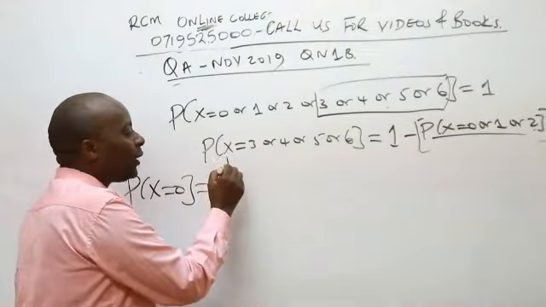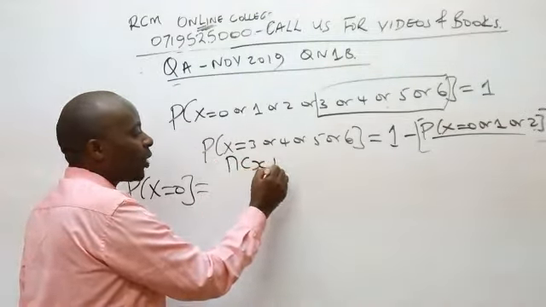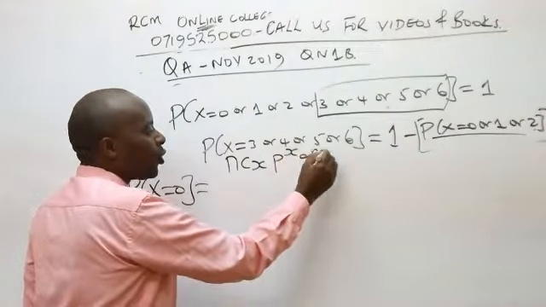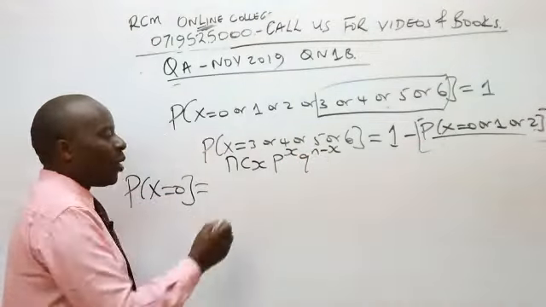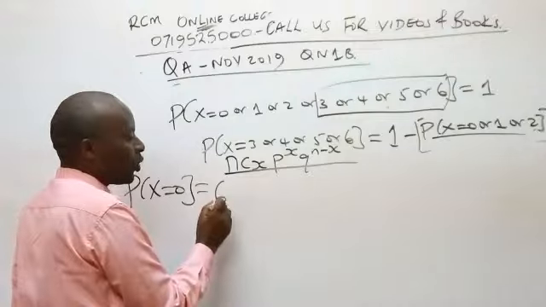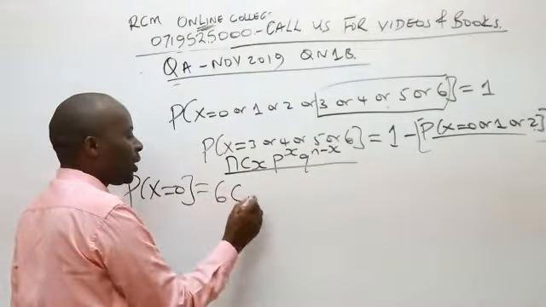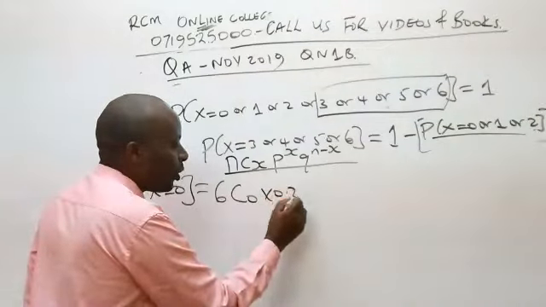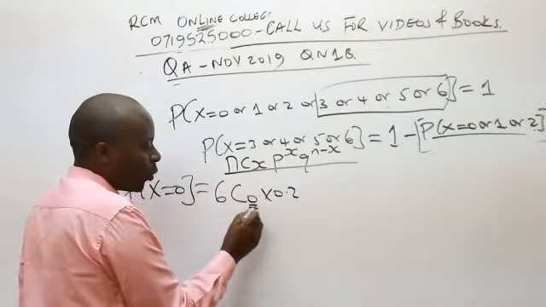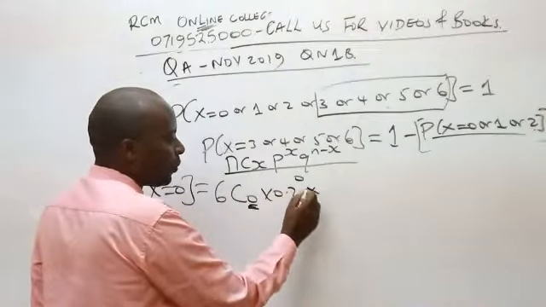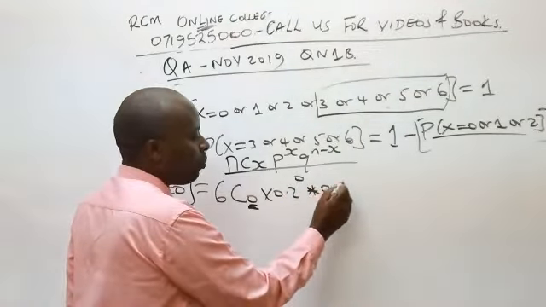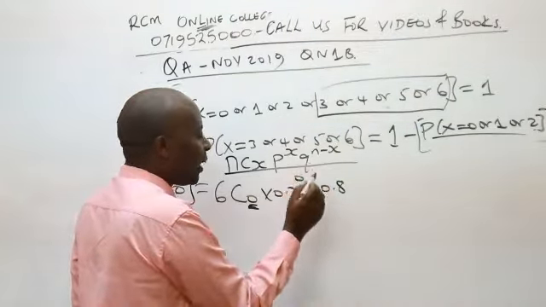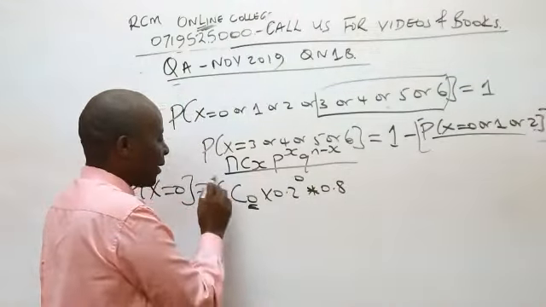Our model is the one that goes like this: n combinations X, P raised to X, Q raised to n minus X. So our n here is 6. So 6 combinations 0. P, I hope you remember our P was 0.2. So 0.2 raised to this X, which is 0, times Q, which is 0.8, raised to n.